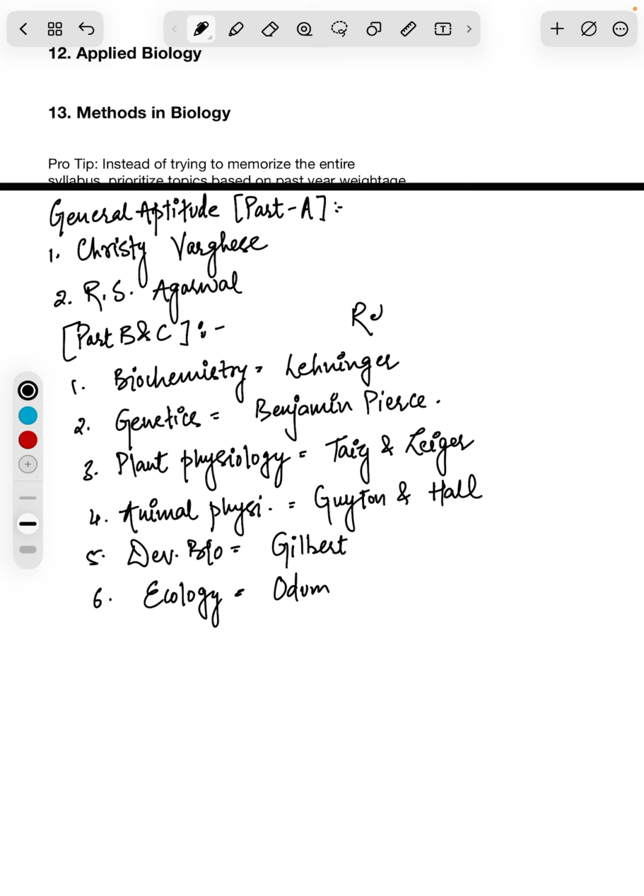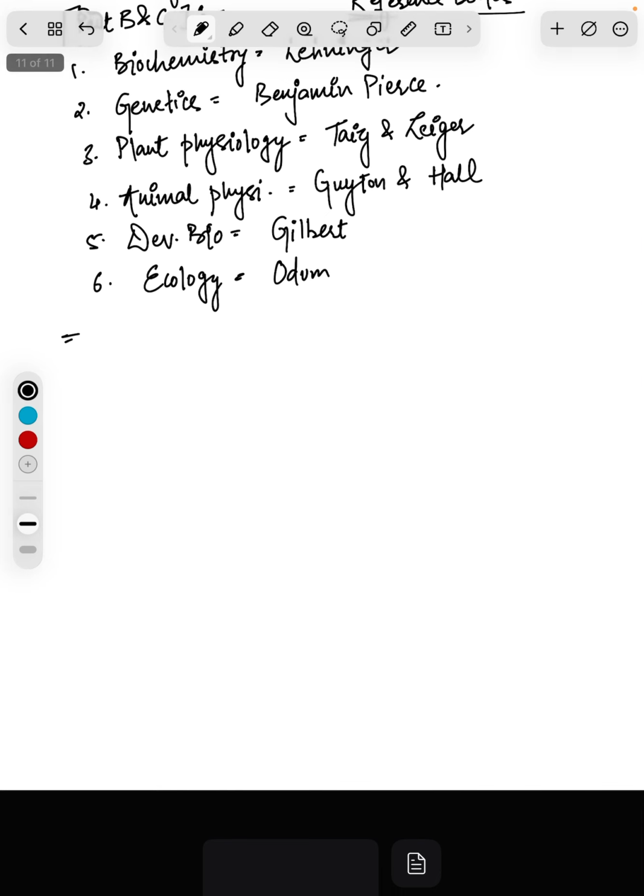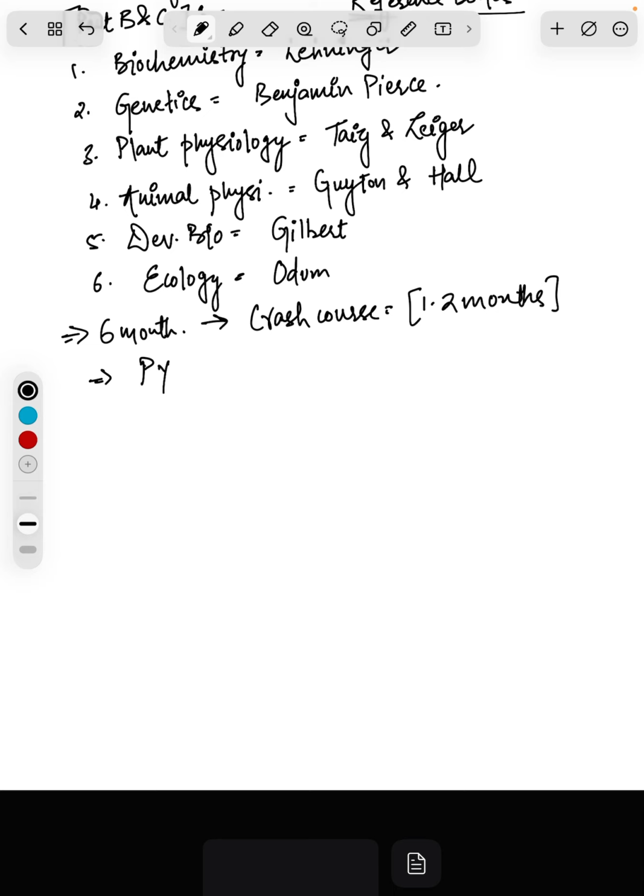These are basically the reference books which are compatible if you make a 6-month strategy. So whether you are on a 6-month plan or you need a crash course of 1 to 2 months, the most important thing you need to go through is previous year questions and papers, minimum 10 years.